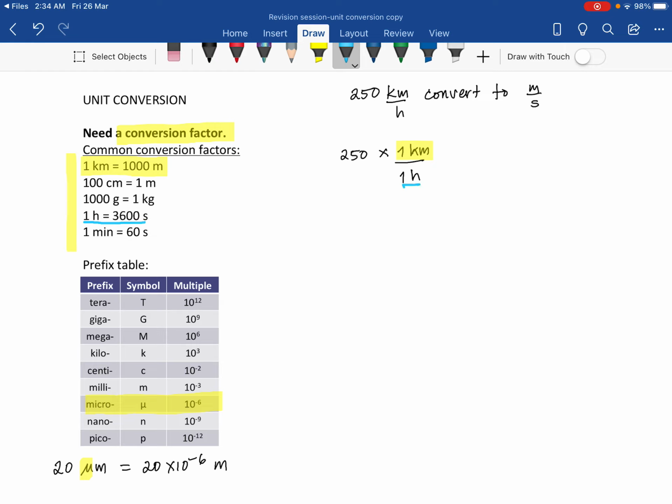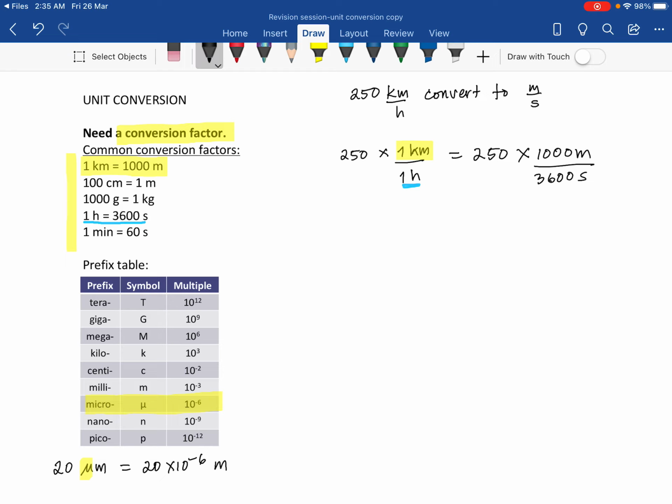So we now replace 1 hour with the seconds equivalent, and so this will become 250 times 1,000 meters divided by 3,600 seconds.